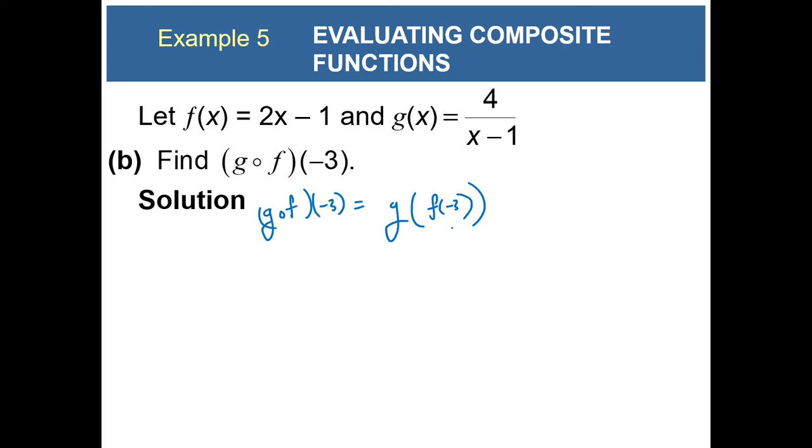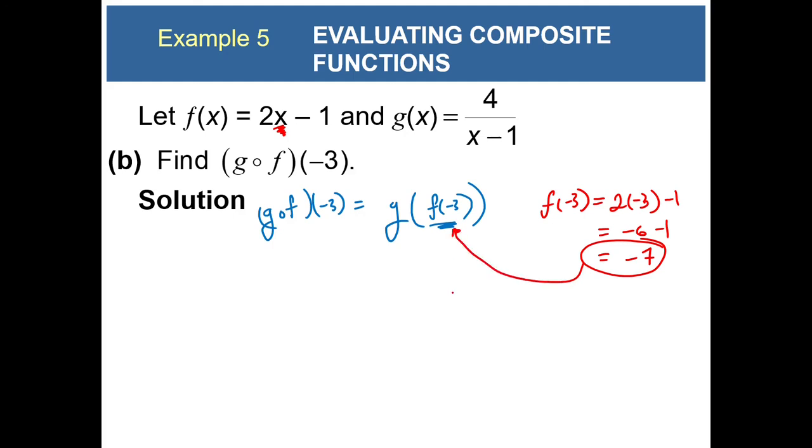So we'll have to find what f of negative 3 is first. f of negative 3 equals, we'll plug in a negative 3 for f, 2 times negative 3 minus 1, and that's equal to negative 6 minus 1, or negative 7. Now we can plug this into our function.